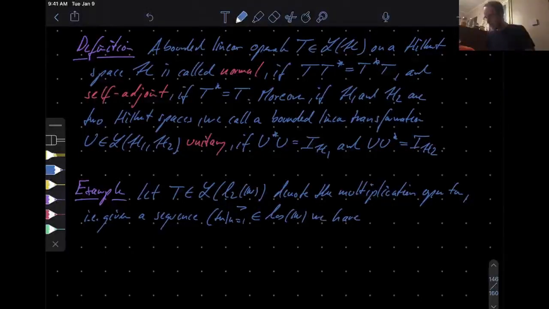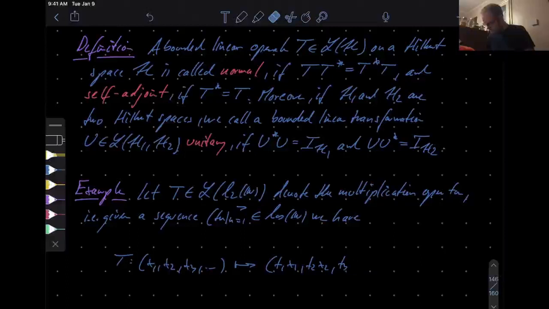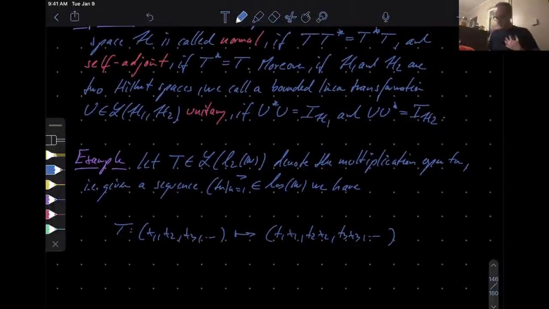Well, it multiplies each entry of a given sequence by the corresponding element of the sequence of the T_n's. So x is sent to T_1 x_1, T_2 x_2, T_3 x_3, on and on. Okay, we convinced ourselves this is a bounded linear operator. The operator norm of the multiplication operator is precisely the infinity norm of the sequence that you multiply with.